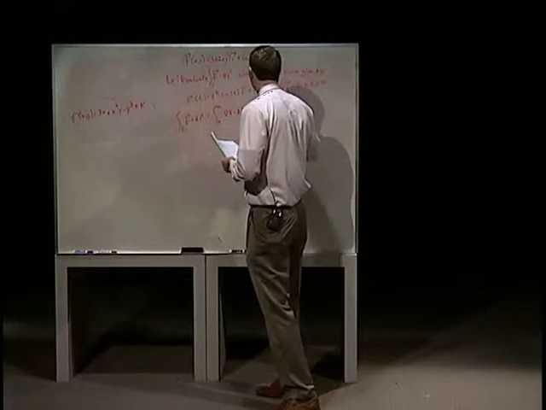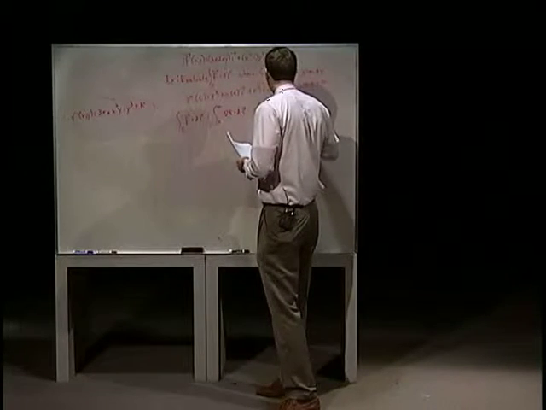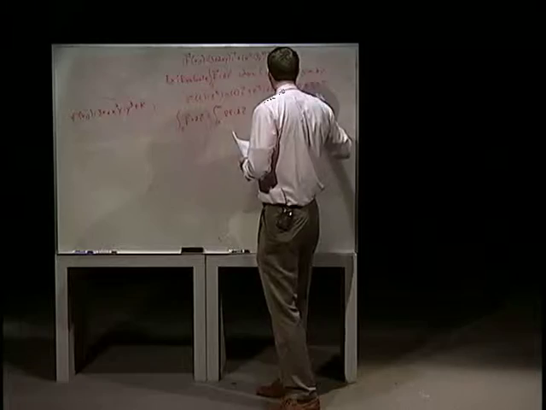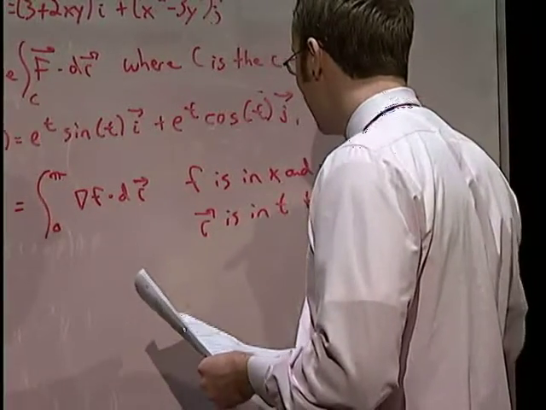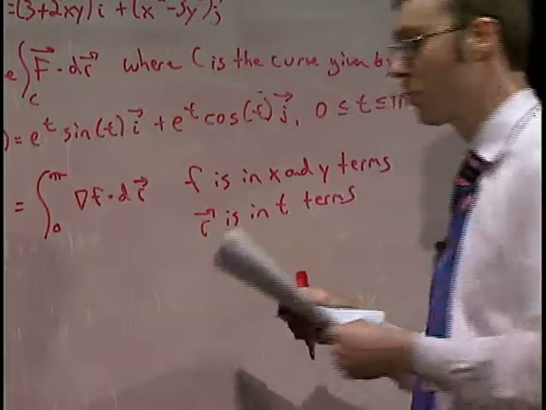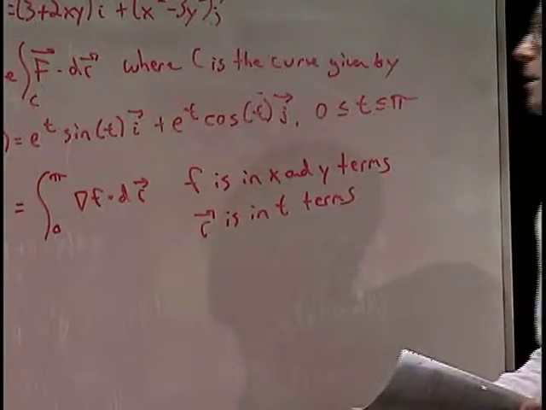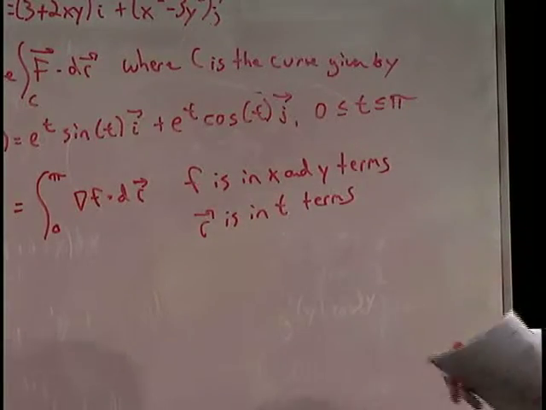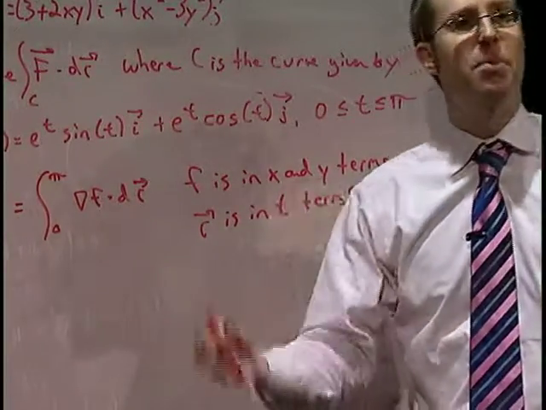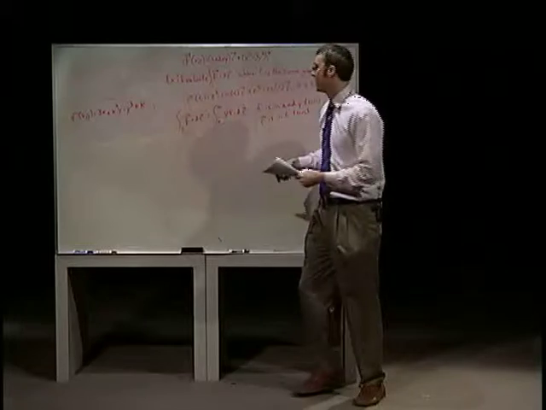So f is in x and y terms, r is in t terms. Okay? So what do we do? Well, I'm having t range between 0 and pi, so let's just get xy points along this plane curve here, right?